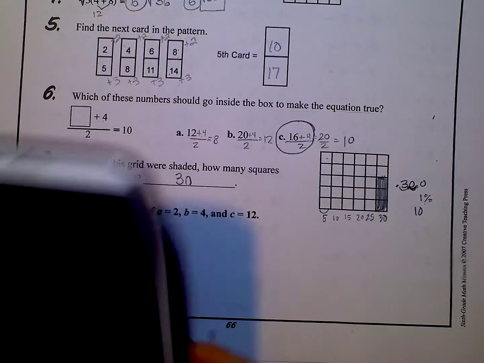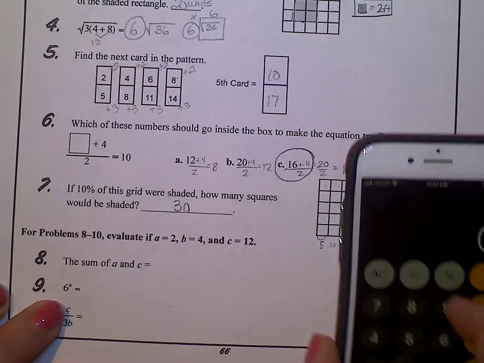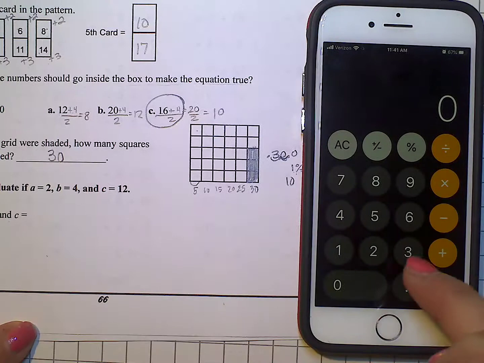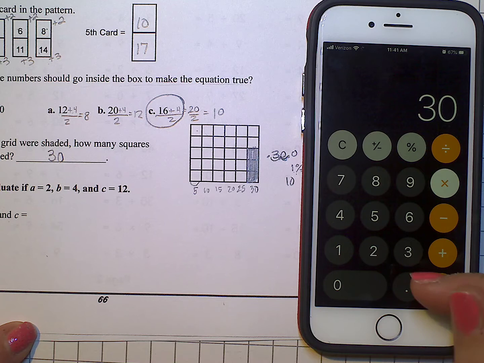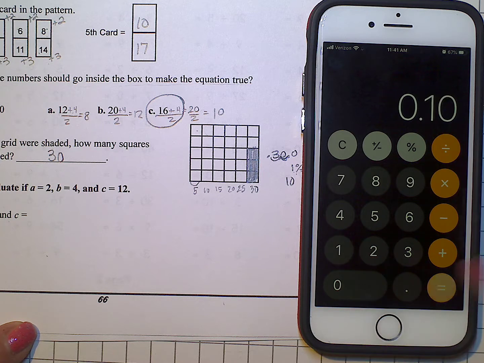And if you needed to know how to do the math part of it, if we were doing this on the calculator and they want to know what's 10% of 30 blocks, you would do 30 times 10%, which would be 0.10, equals 3.